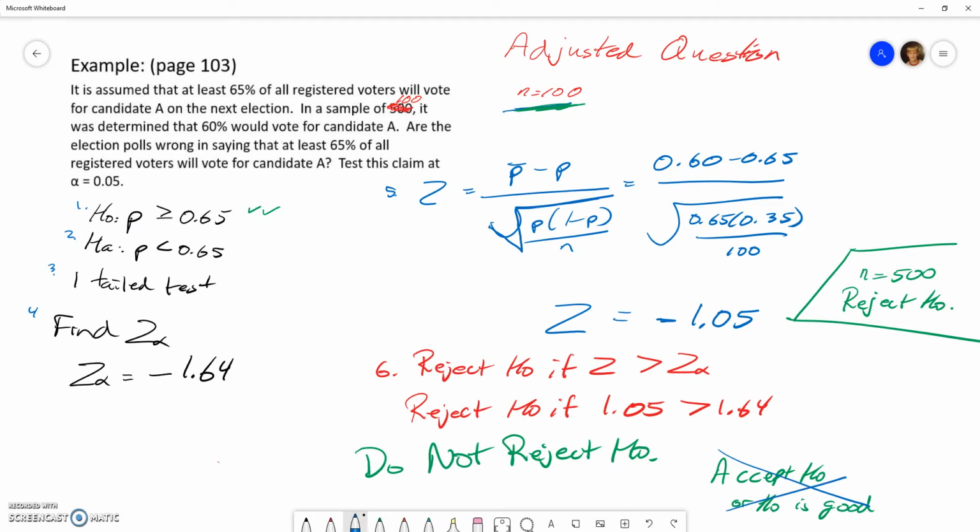We will not say that because if we had a better sample, our decision could change to basically saying that the null hypothesis here is actually bad. So we don't want to make that decision and be wrong. That's why we will say do not reject the null hypotheses instead of saying that the null hypothesis is good. Because if we had more time and more money, we'd have a bigger sample size and our decision could change. We'll cover more of that in the next video.